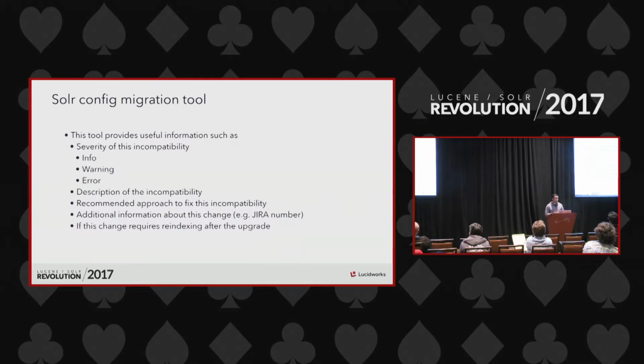The second thing it does is that it gives you a description of the incompatibility, and this is a very user-friendly description, not developer-friendly. The third thing, it will give you the recommended approach, how to fix this problem. If you are curious and want to know why this change was made, what was the rationale, what was the discussion, we will provide you more information like the Jira number and so on.